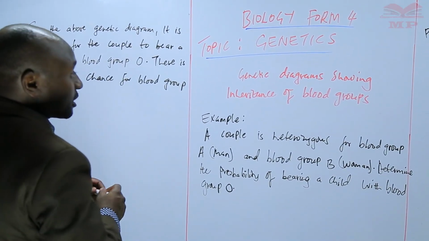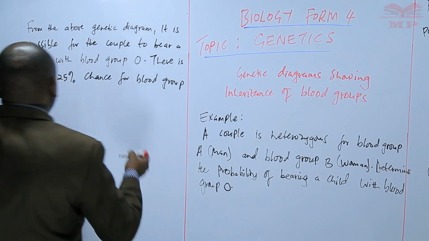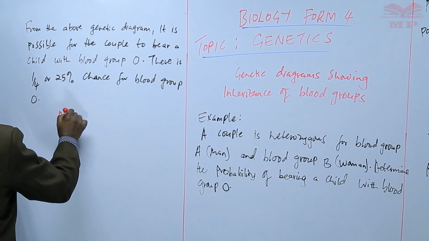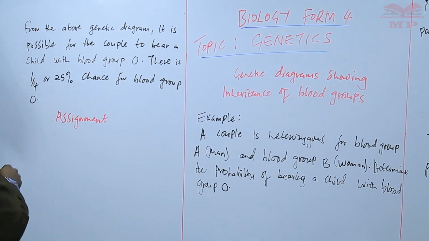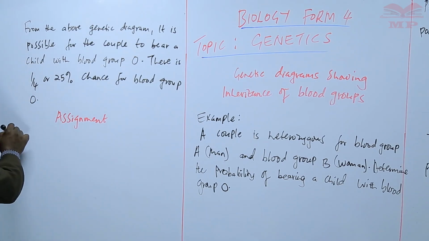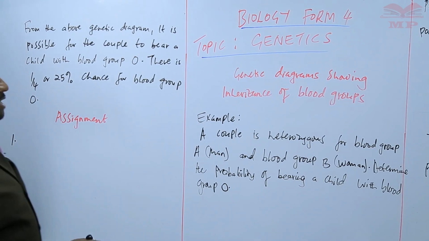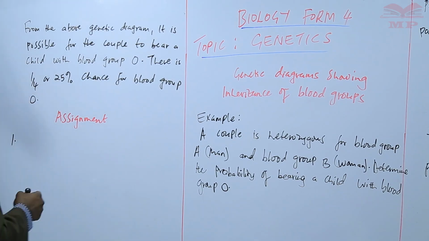At that point, we'll have an assignment, still in a genetic cross diagram showing how the blood groups are inherited.